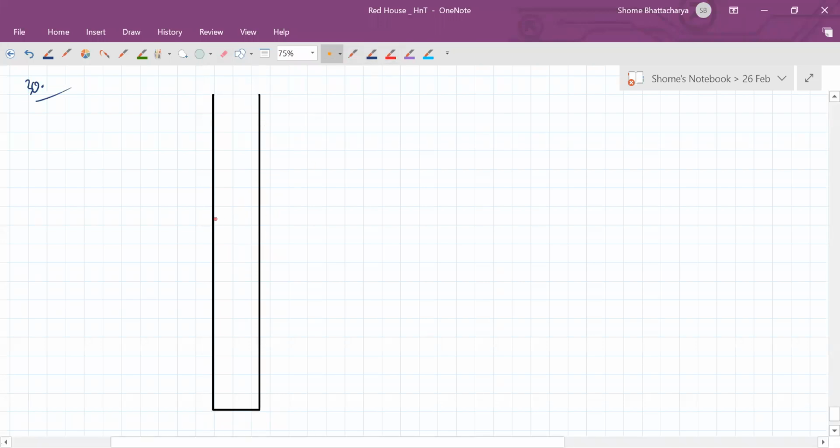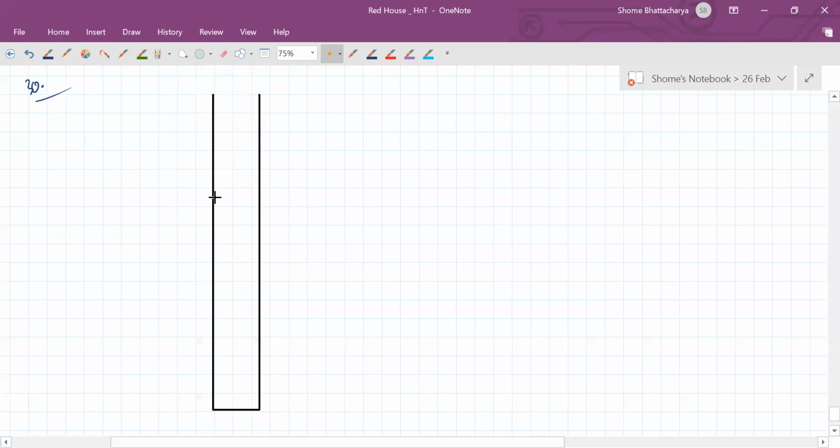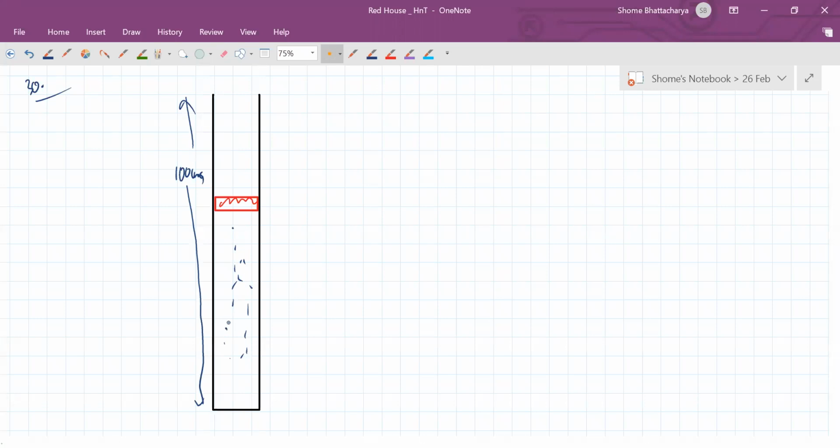Now somewhere in the glass cylinder there is a piston which I think is massless, right? So this total length is 100 centimeters. And we have a frictionless light piston, a smooth massless piston.